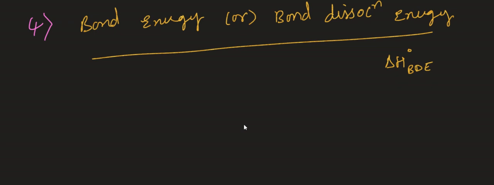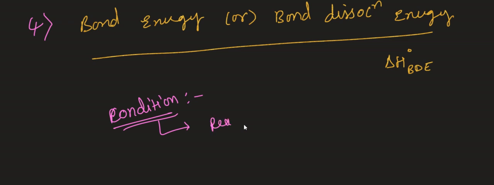So the next one, let us try to understand the required condition. A chemical reaction is eligible if it involves the amount of heat required to break 1 mole of gaseous bonds.